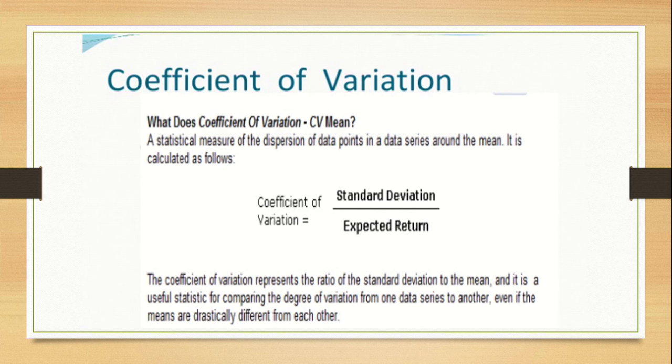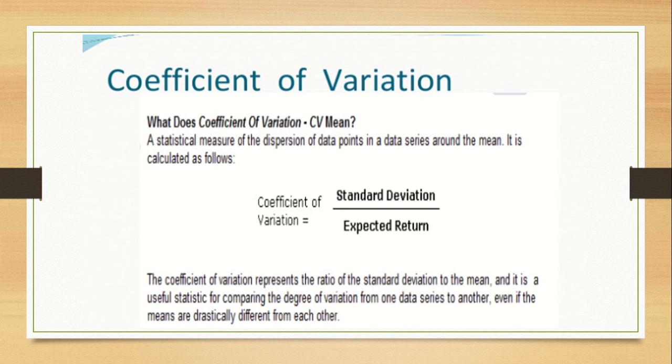And we have what we call the coefficient of variation, or CV. So what does it mean? The coefficient of variation is a statistical measure of the dispersion of data points in a data series around the mean.